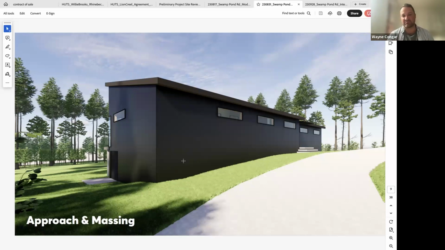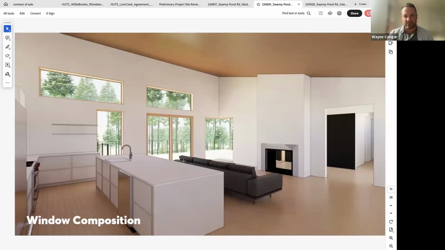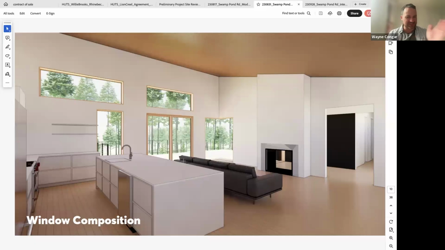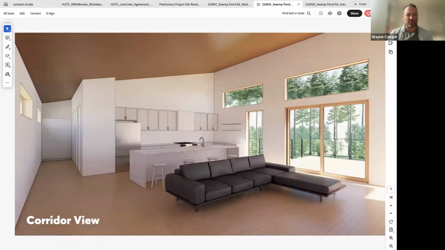It feels more industrial. Doesn't feel like a home. These are all things we're calling out. The window composition is a little wacky. The corridor view looking down past the living, kitchen, dining just looks like a dead end.